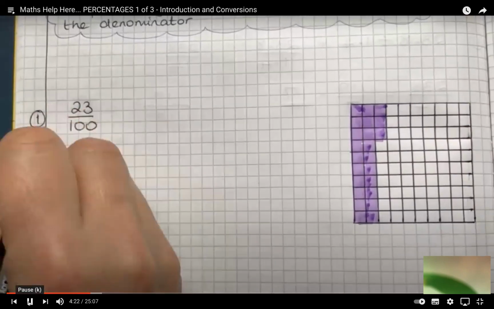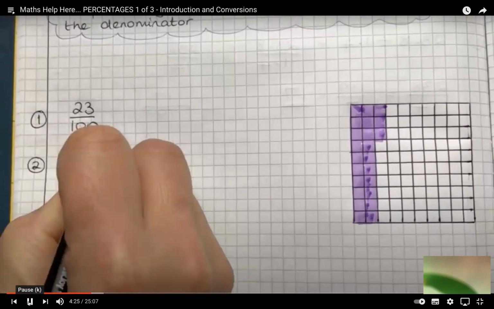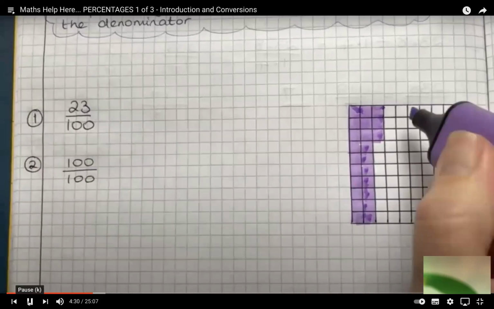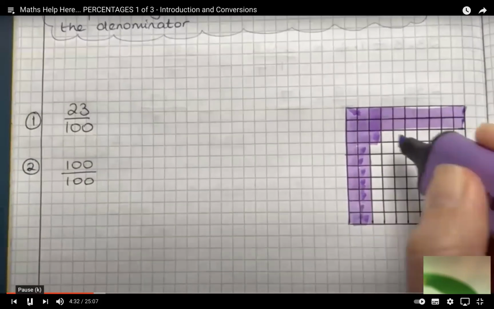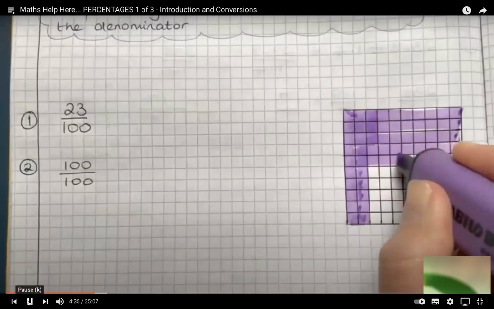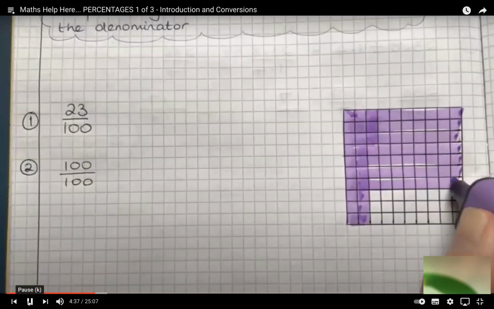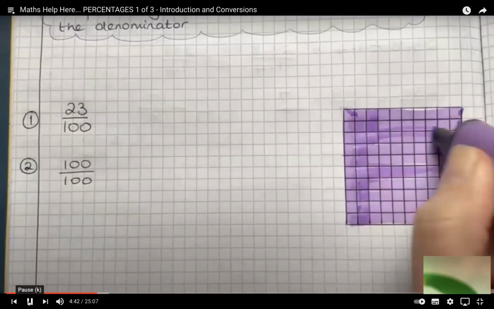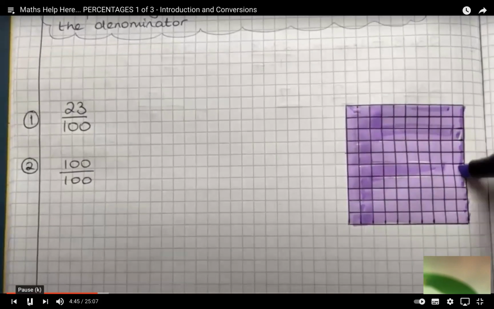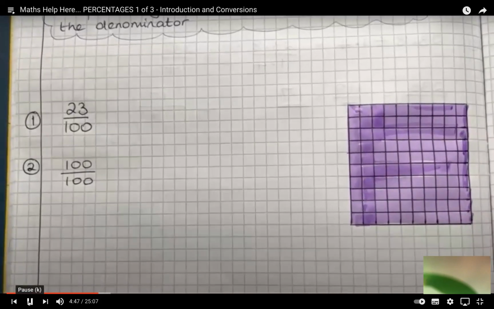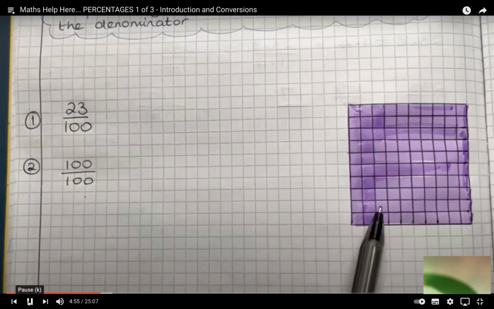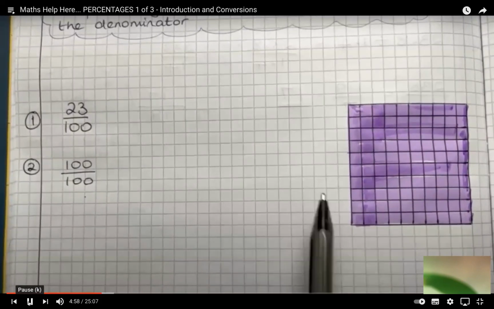Okay, what about if I had 100 squares shaded? Well, that's nice and easy, isn't it? For my colouring, I can just shade them all in now. So I've got all 100, here you go, not missed any out, all 100 of my squares shaded.